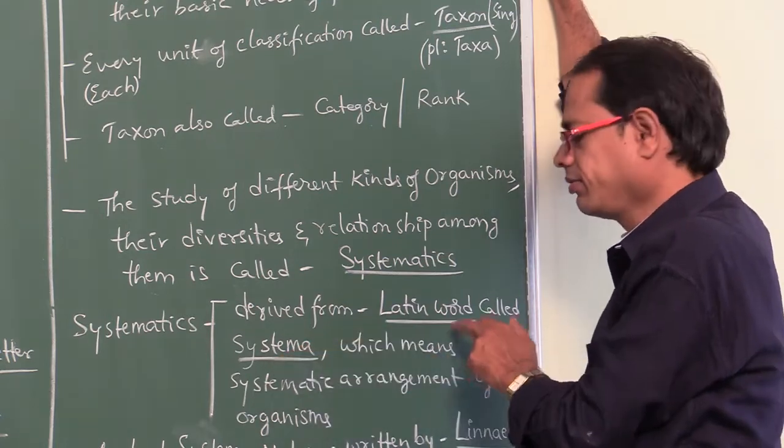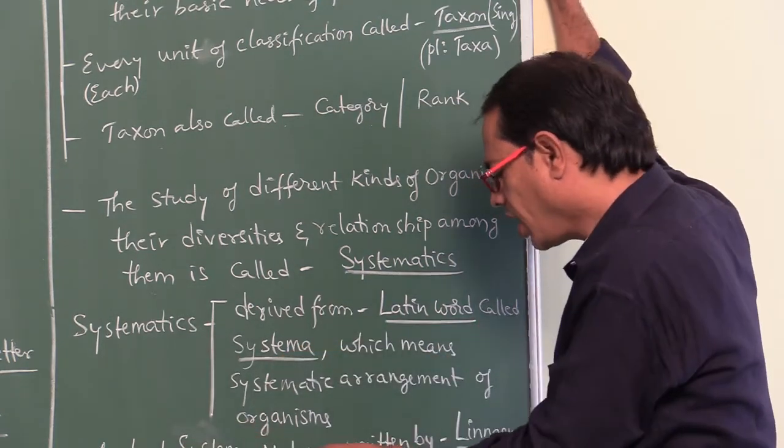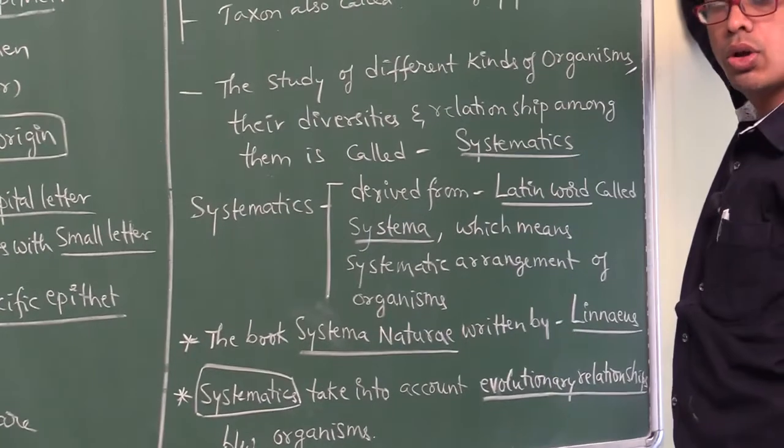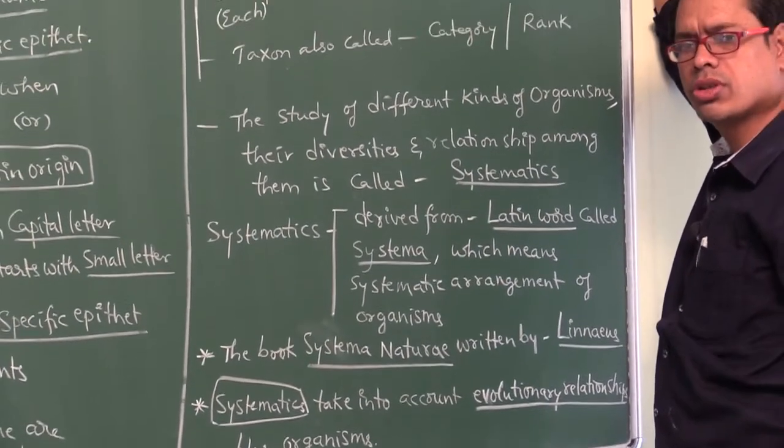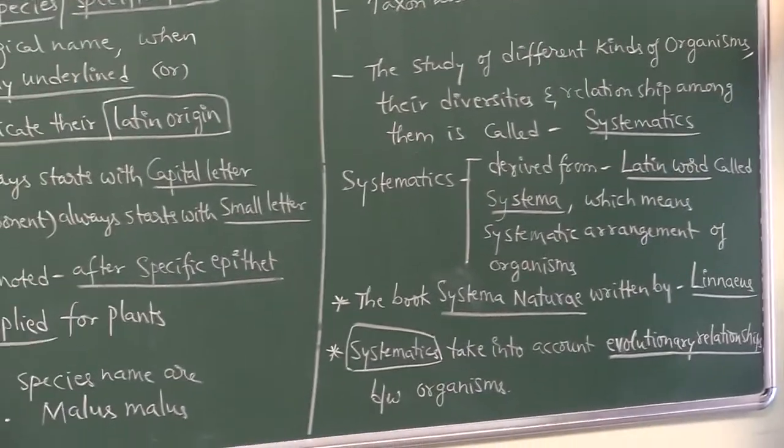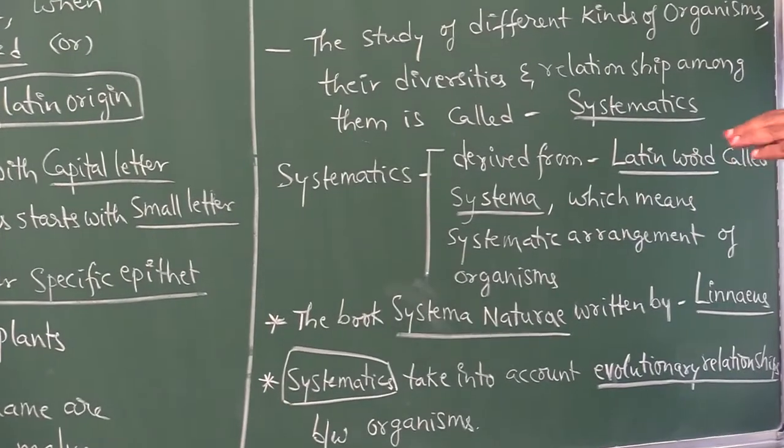Systematics is derived from a Latin word called systema. Don't say Greek word. Next, the book Systema Naturae was written by Linnaeus. So far, Linnaeus wrote how many books? Two books, Species Plantarum and Systema Naturae.